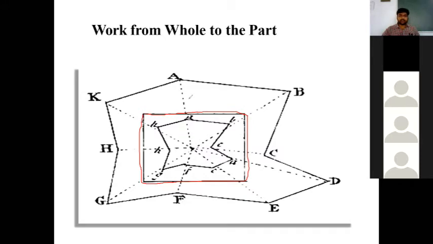Whatever we measure on the field, the same thing we project on the paper. Say these are the points K, A, B, C, D, E, F, G, H. These are the points for which we have to calculate the area.